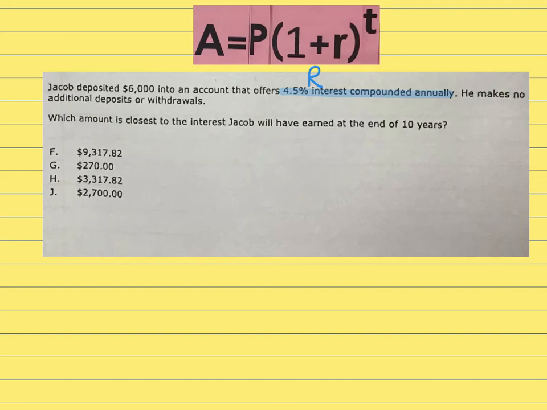I could divide that by 100, 4.5 divided by 100. 0.045 is the number I'm going to use. Then the other thing is principal. My starting amount was $6,000, so I'll label that with P. Then the amount of time, it says at the end of 10 years. So letter T.